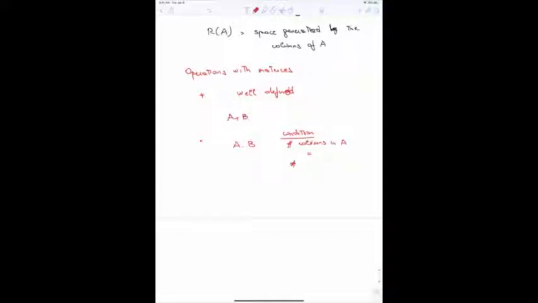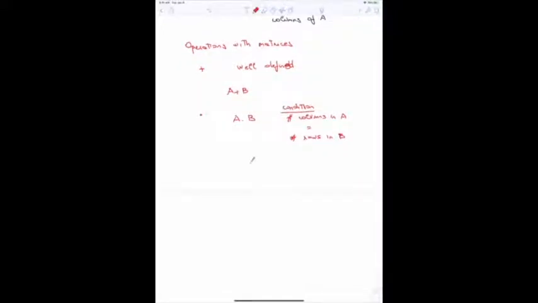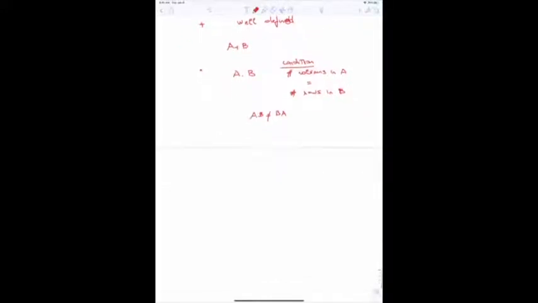This is not a product point by point. This is called the dot product. And in general, A times B is not equal to B times A. Also, A times B equals 0 does not imply that A is equal to 0 or B is equal to 0.